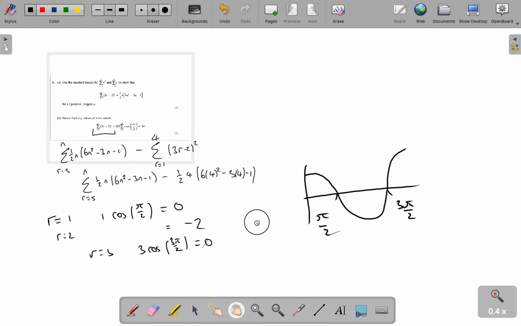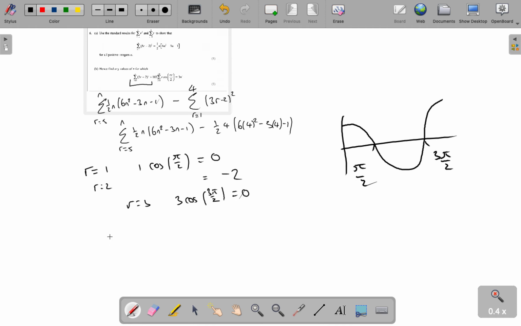So essentially all you need to do on the calculator is add up the next term. r equals 4 is 4 cos(4 pi over 2), which is equal to 4. 5 we know is 0, r equals 6 is 6 cos(6 pi over 2), which is minus 6.